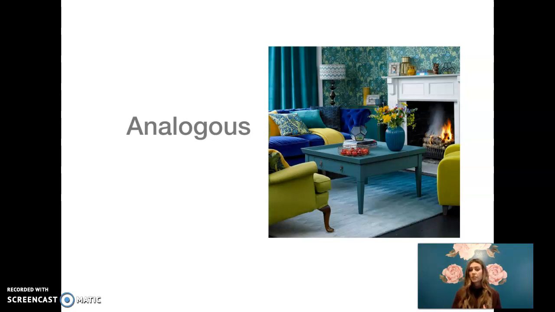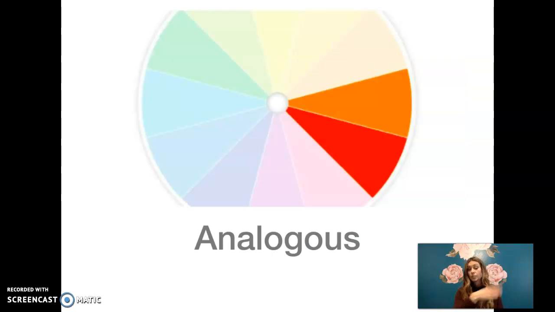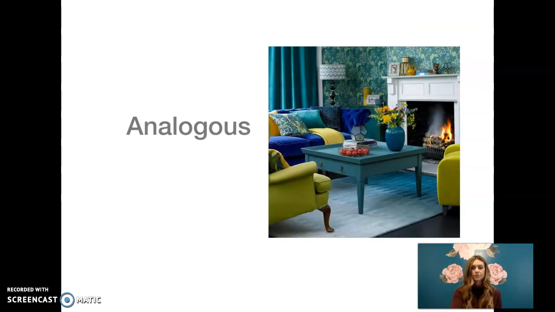Those are going to have a cool, calming effect on your space. Whereas if you go to the warmer colors, that's going to be more bold, exciting, energizing. So you can also choose which side of the color wheel and the energy that it's going to exude. But analogous can be any two colors, like I said, right next to each other.